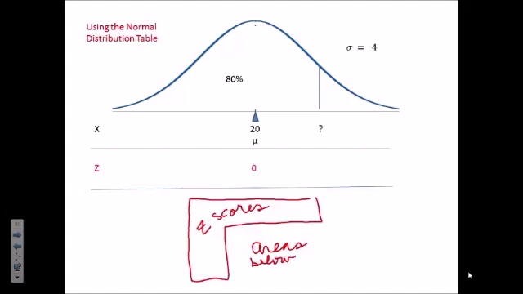So we are given an area below this particular raw score, and the table allows us to either change an area below to a z-score or vice versa, change a z-score to an area below. We'll have to change this area to a z-score and then change the z-score to a raw score using a formula, x equals mu plus sigma z.